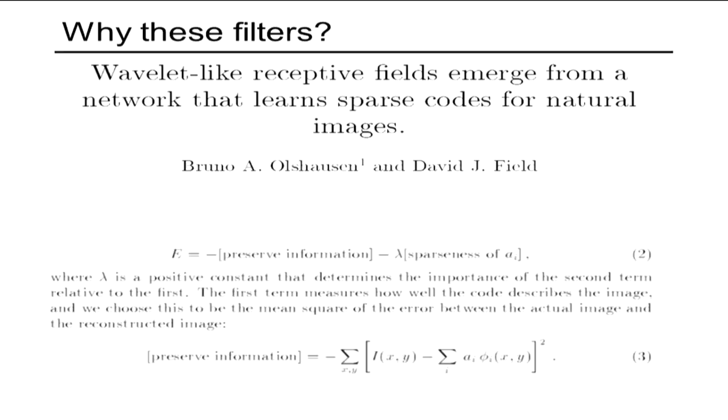Nothing. This is just an empty patch. I think they initialize it with random noise. That's the beauty of it. The only piece of human knowledge they put in is the sparsity prior. This sparsity prior right here. You can argue that it's something you know about the human brain, so you put it in, right? Everything else just comes out of the data, and that's what makes it so exciting.